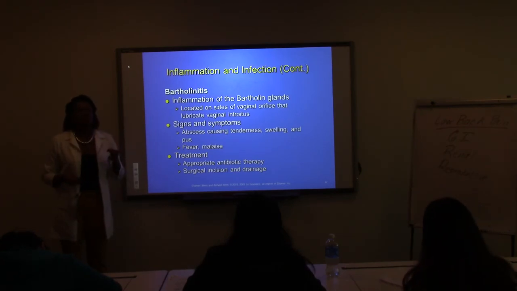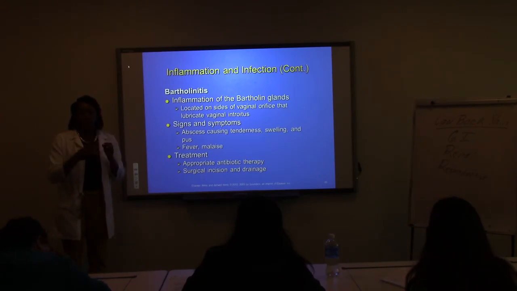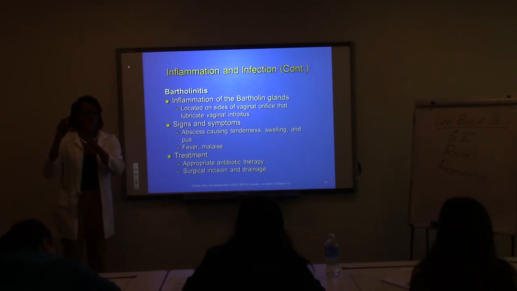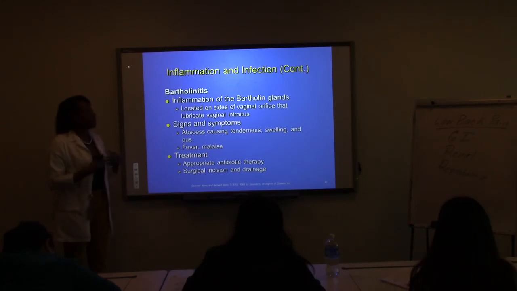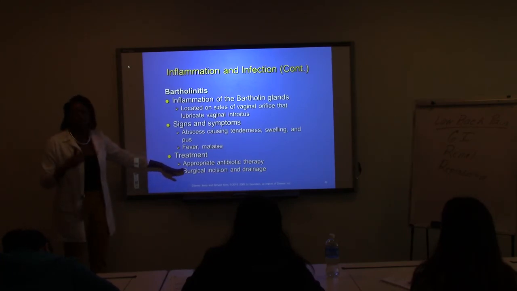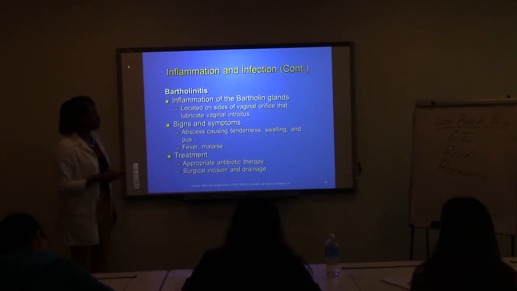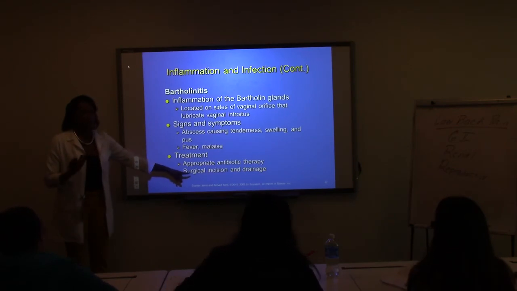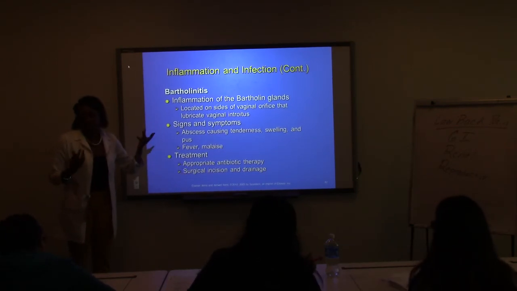Sometimes these patients can get a bacterial infection there, and these glands will get swollen, filled with pus, and cause a lot of pain. How do you treat this? Give them antibiotics, because it's a bacterial infection. And if it's that bad, they can drain it if the glands are that large.